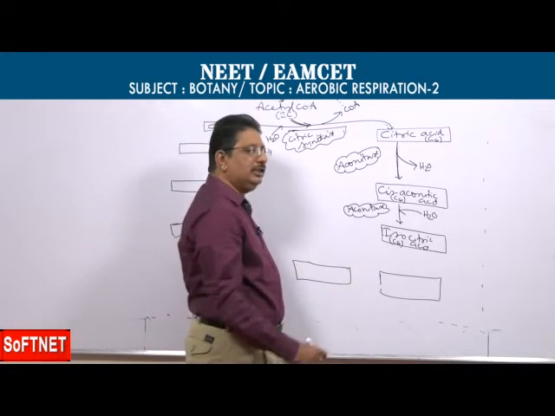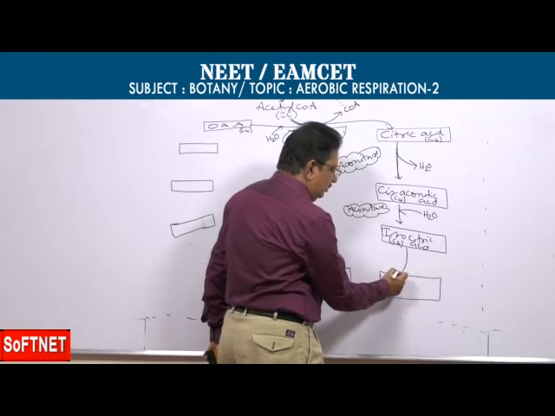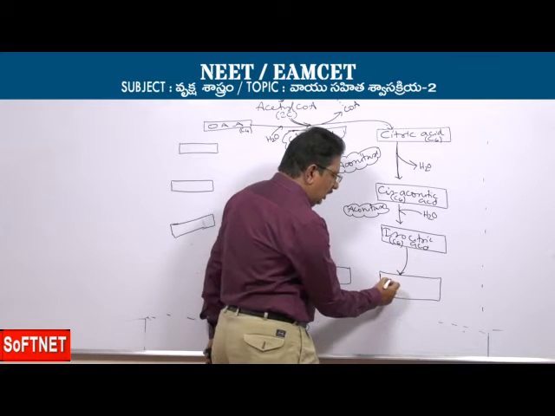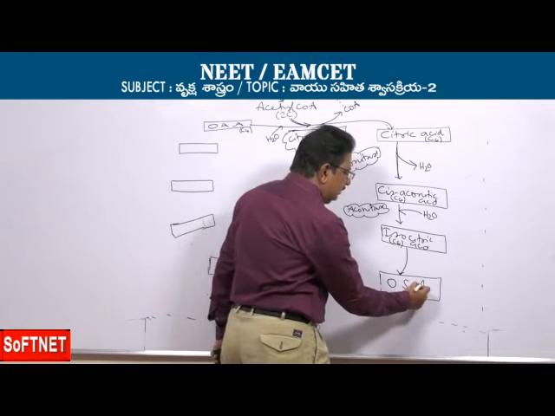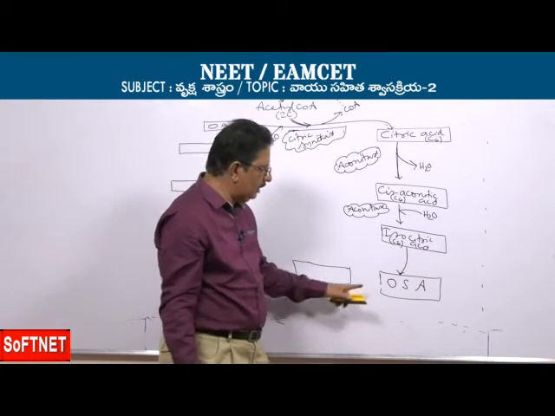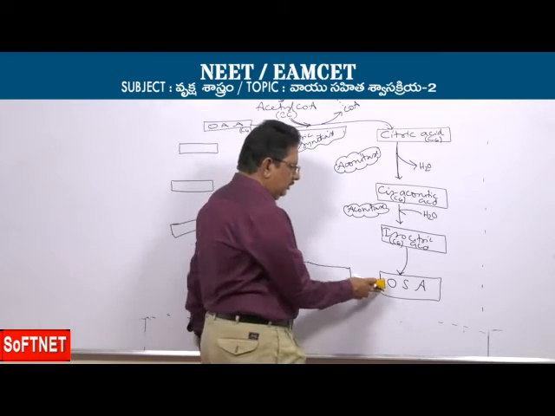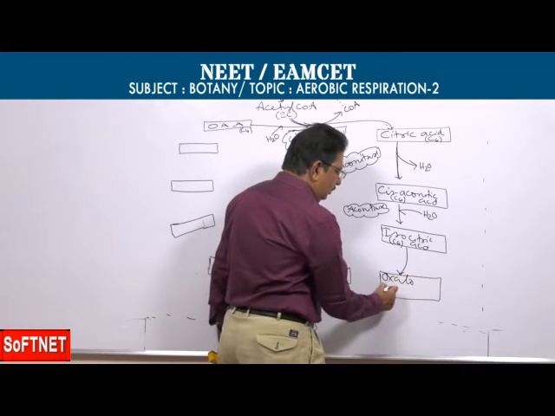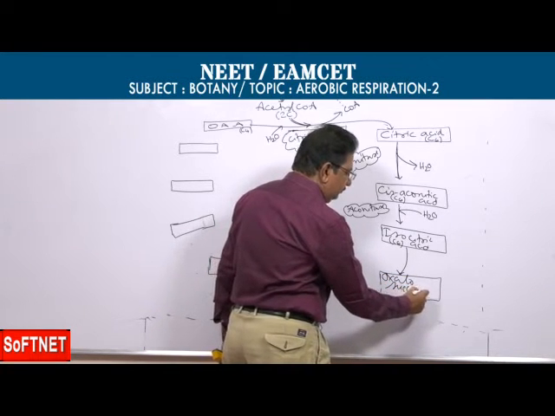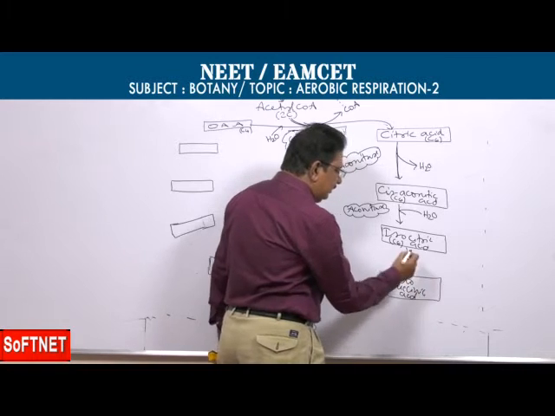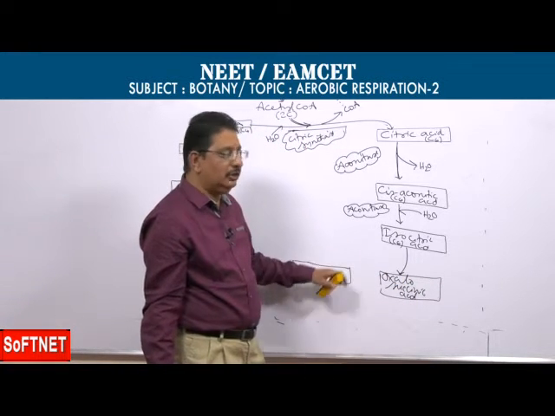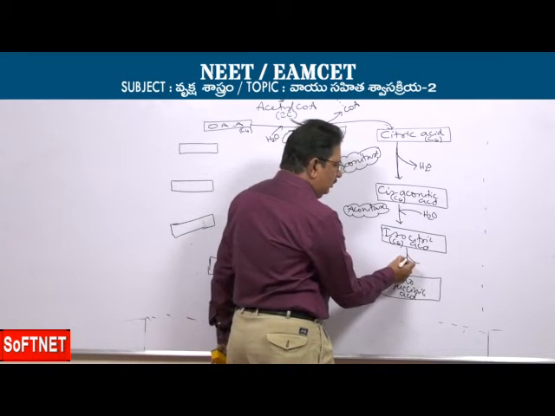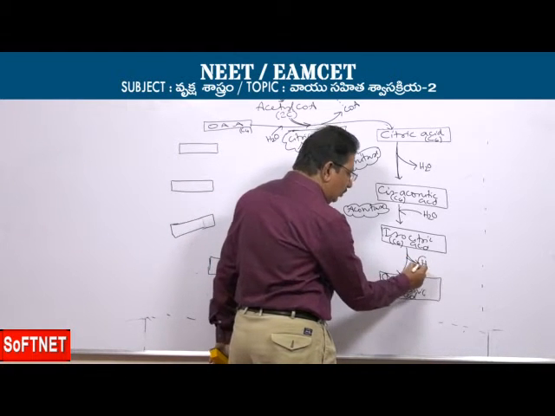Now, the isocitric acid is converted into another compound called oxalosuccinic acid. So oxalosuccinic acid, I will write the total name, oxalosuccinic acid, and this conversion of isocitric acid into oxalosuccinic acid occurs after the removal of hydrogens.